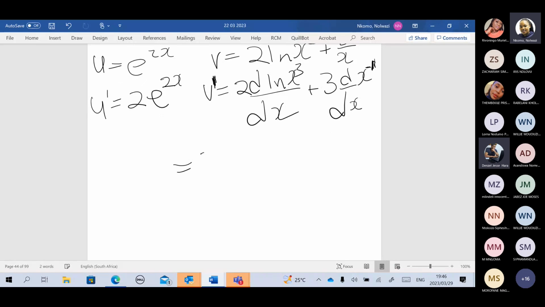We have 2 times, what is the derivative of ln x cubed? We said it's 3 over x, right? Correct. So we have 2 times 3 over x plus, what is the derivative of minus x to the power minus 1?